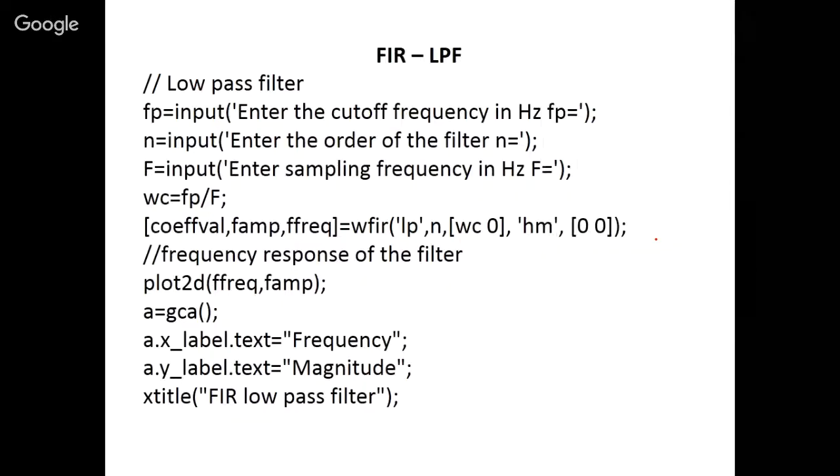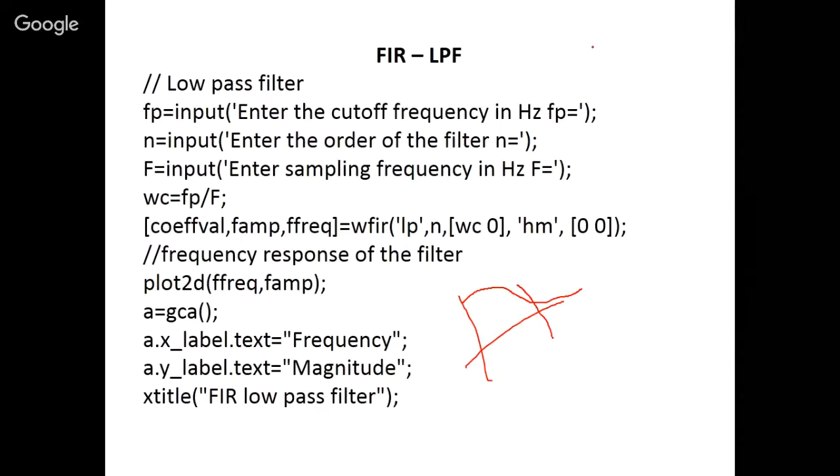Now, let me take the pen option. I will tell you what the low pass filter and the band pass filter are. In case of the low pass filter, this point is equal to the cutoff frequency for the low pass filter.